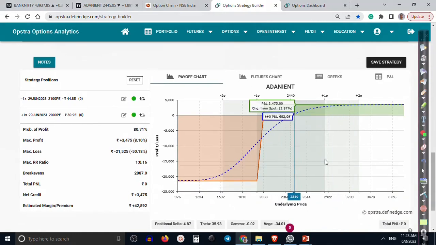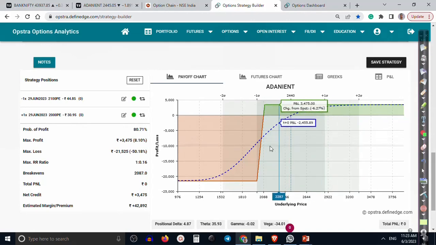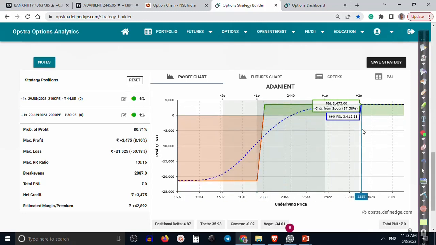If price stays above this area, here it shows the breakeven. That means if price goes below 2087, our risk will be there. Otherwise, on the upper side, it is risk free.